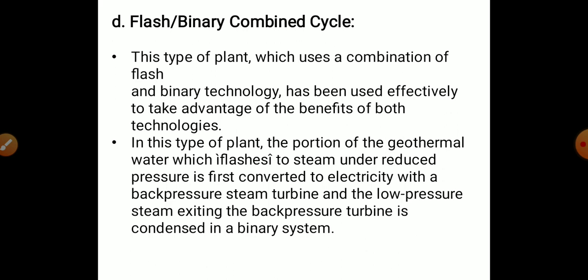For the binary case, the hot water causes another type of liquid to evaporate, and this vapor goes to the turbine, and then the steam generates rotational power to generate electrical energy. So these two combined processes are done for the flash binary type of case.